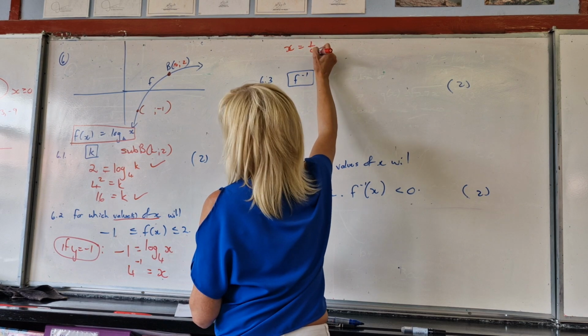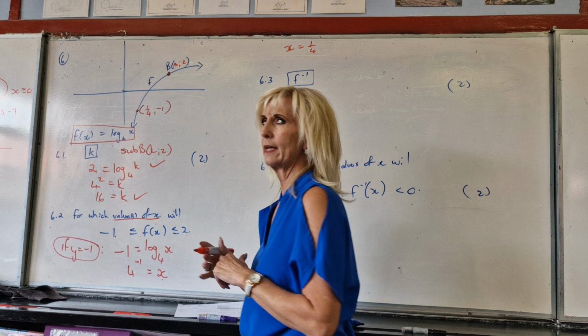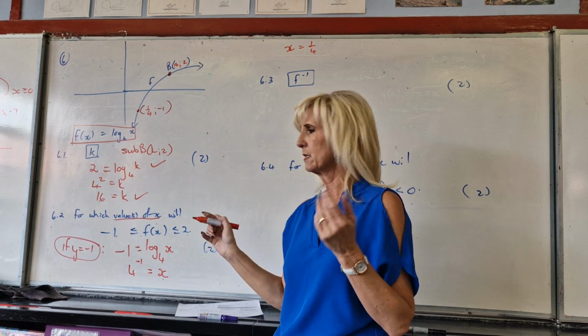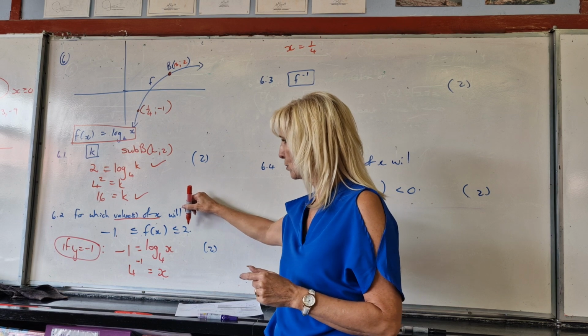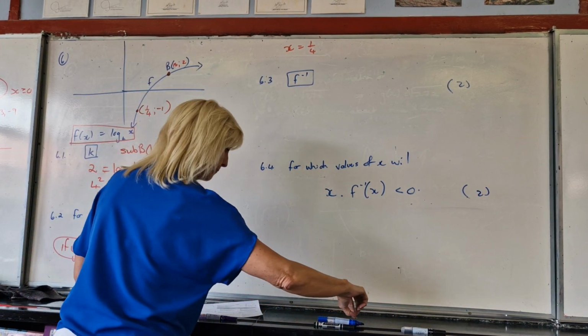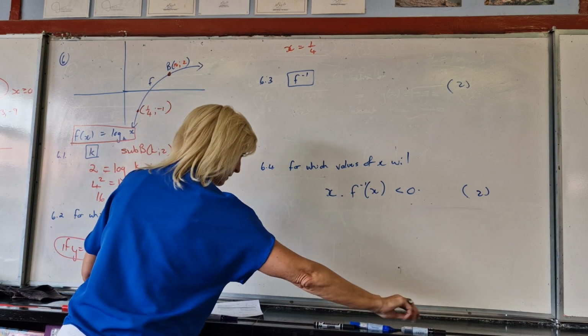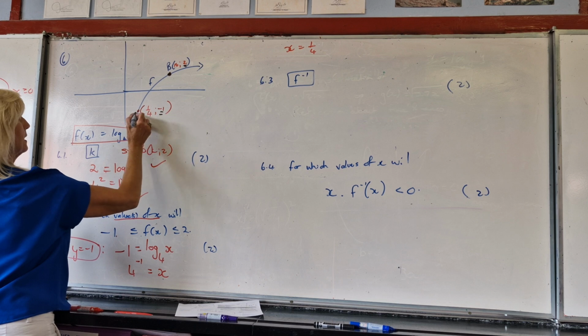What have I just found? That point there is the quarter and -1. Why did I want that? Because I wanted to know when y is between 2 and -1. Where does that happen on my graph? Where y is between 2 and -1.